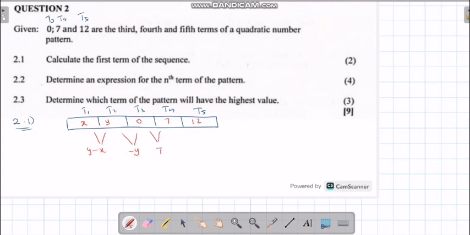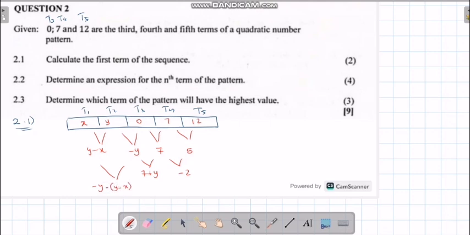This minus that, which is 7. This one, 12 minus 7, which is 5. 7 minus 0 is 7, then 5 minus 7, which is minus 2. And these two will give us what? Minus y into minus y.